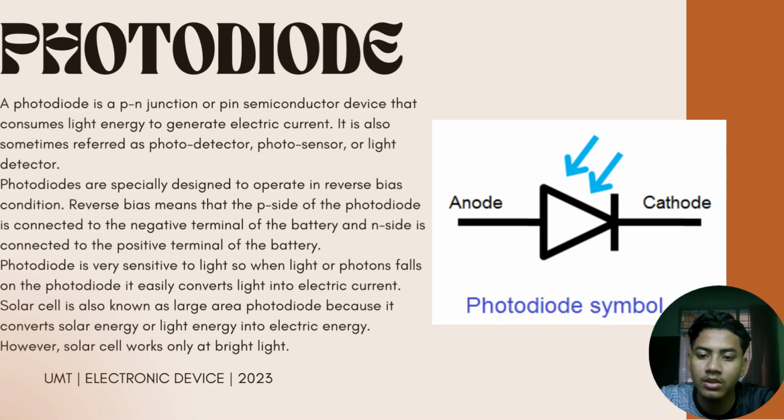A solar cell is also known as an area photodiode because it converts solar energy or light energy into electric energy. However, solar cells work only in bright light.